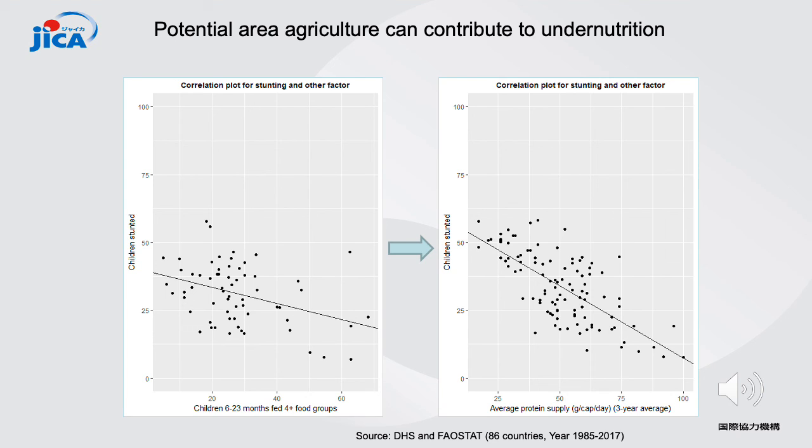So theoretically, if we can measure the volume of each food item and supply exact amount of nutrient, then it can significantly contribute stunting reduction.